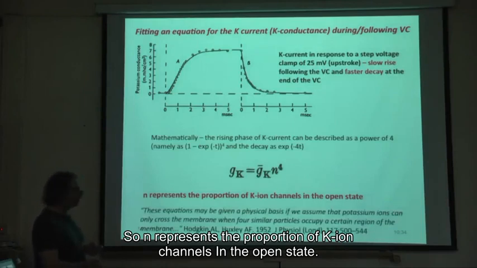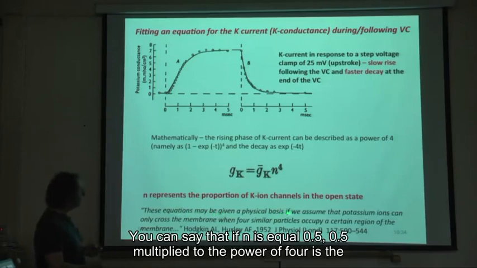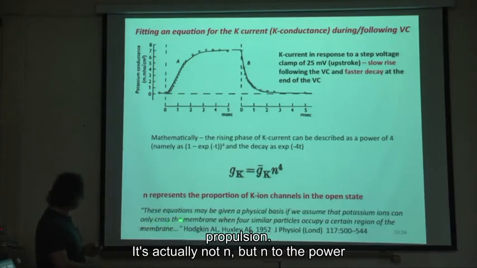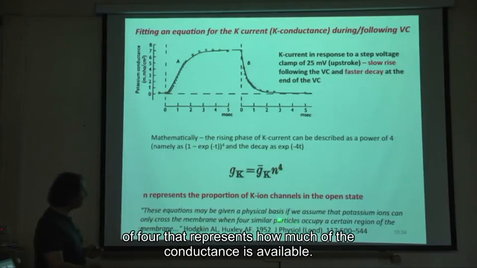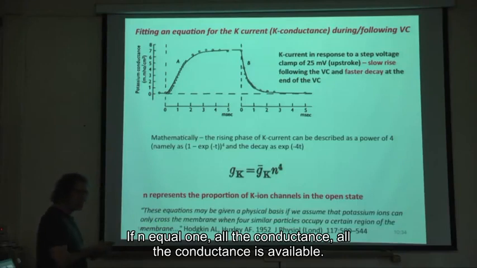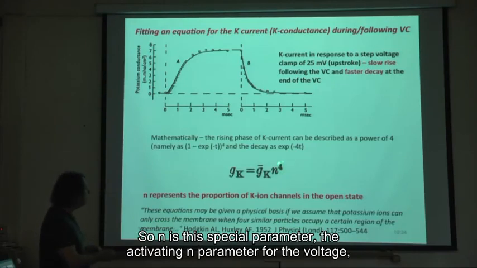So Hodgkin and Huxley wrote, these equations may be given a physical basis if we assume that the potassium ions can only cross the membrane when 4 similar particles occupy a certain region of the membrane. So this is another jump. They are now trying to interpret biophysically, almost anatomically, what this 4 means.